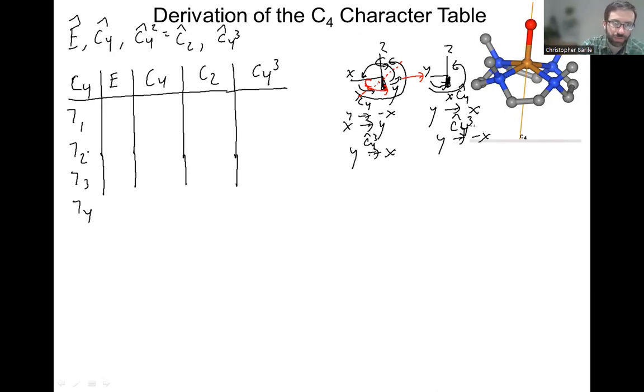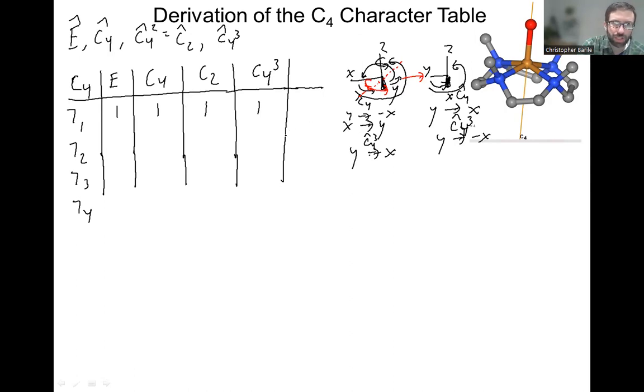But right now, I just call them gamma 1, gamma 2, gamma 3, gamma 4, because I don't know what they are. And I know there's going to be four of them because I have four classes. So the character tables always have the same number of rows as columns. The first irreducible representation, the first vector, is always going to be all ones across the board.